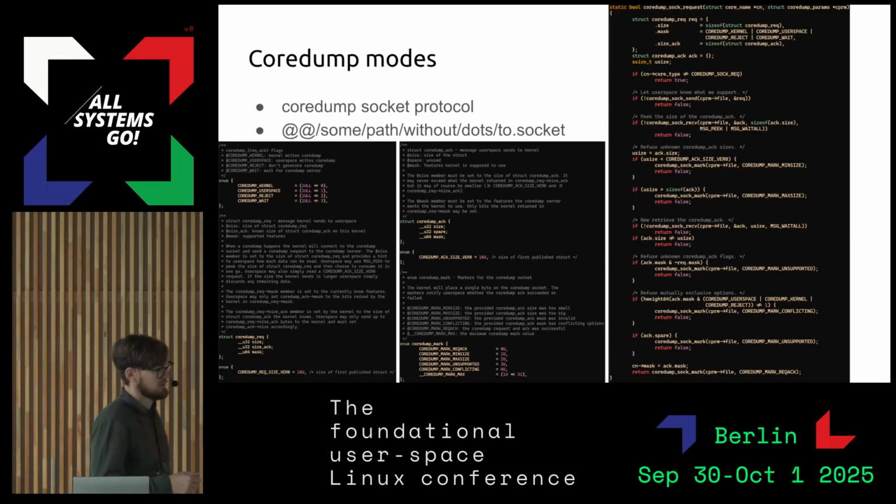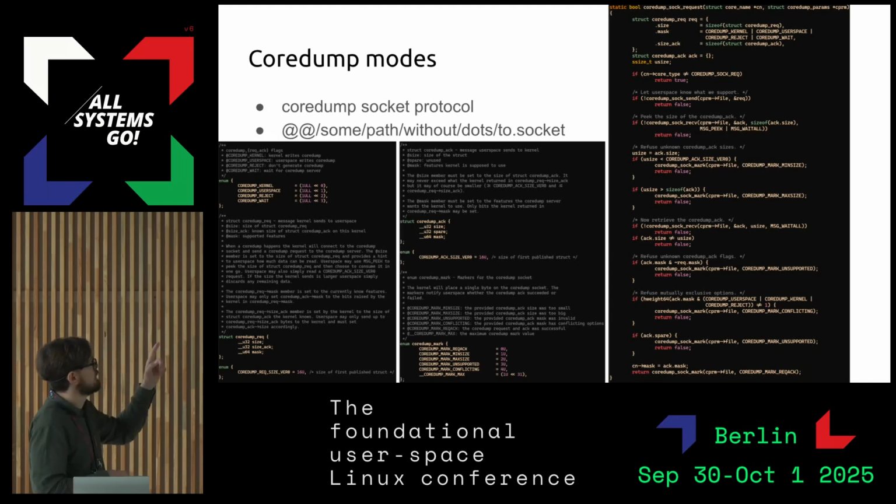So what userspace can do is peek the size of the struct, and then read the request struct out that the kernel sent, just the size that it knows about, discard the rest, and then it can look in the coredump request struct.